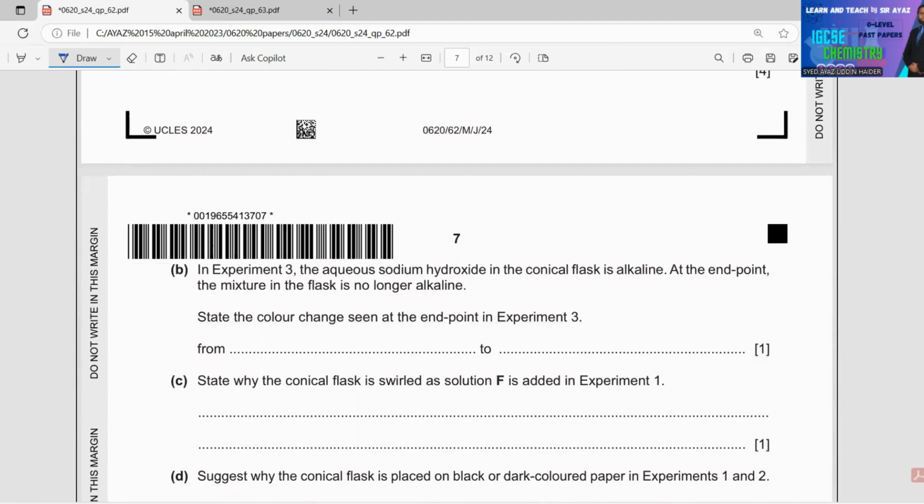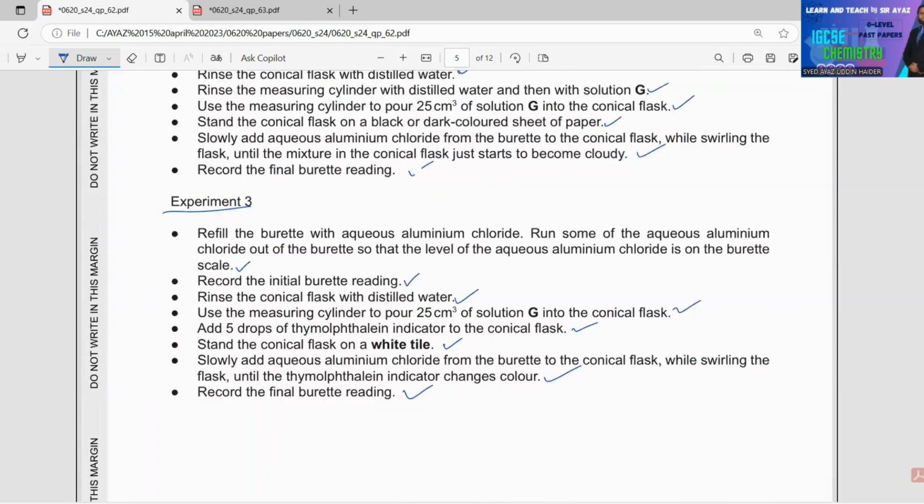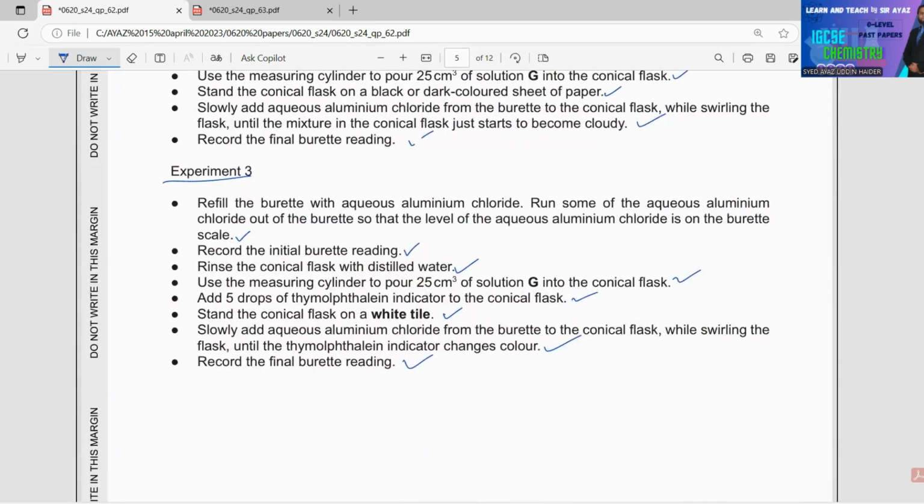Moving to next part, which is part B. In experiment 3, the aqueous sodium hydroxide in the conical flask is alkaline. At the end point, the mixture in the flask is no longer alkaline. State the color change seen at the end point in experiment 3. So in experiment 3, you have added thymolphthalein indicator and you are adding aqueous aluminum chloride to the flask containing sodium hydroxide.